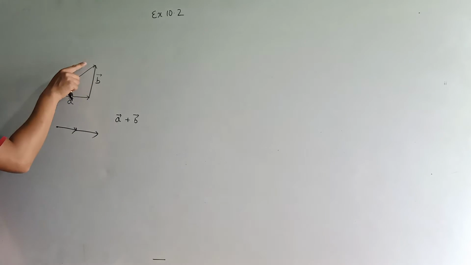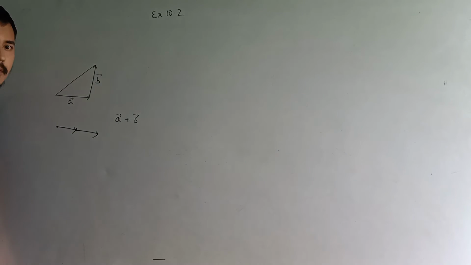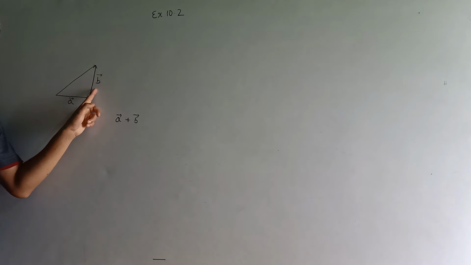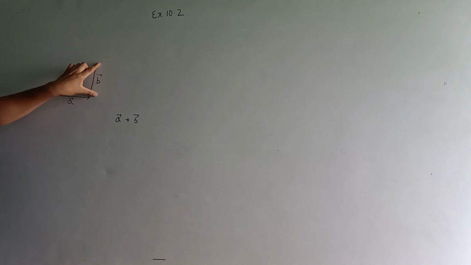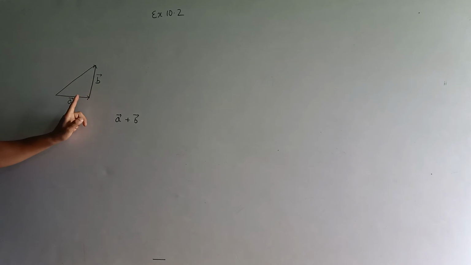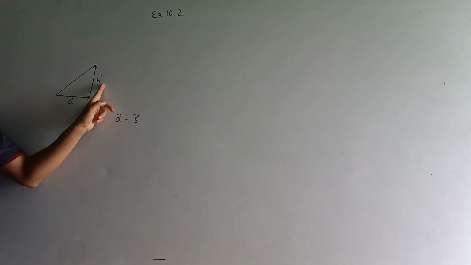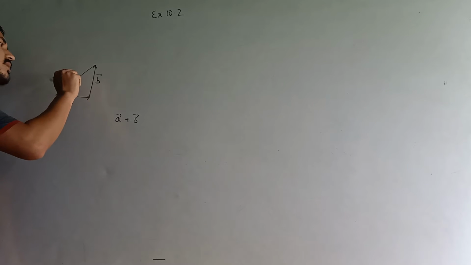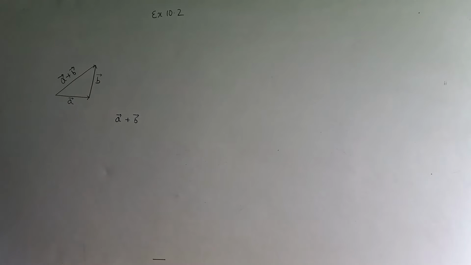But if two vectors are joined head to head, they have different order. So if two vectors are represented by two sides of a triangle in magnitude and direction taken in same order, then their sum, A plus B, is represented by the third side of the triangle in magnitude and direction taken in opposite order. So this will be your A plus B. This is known as your triangular law of vector addition.